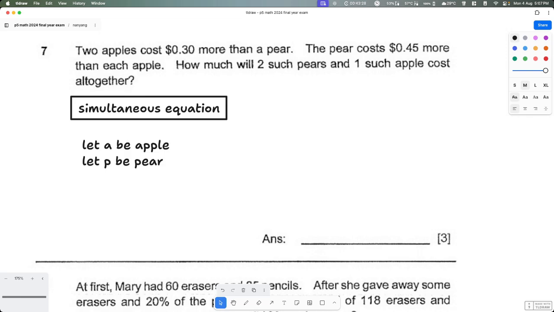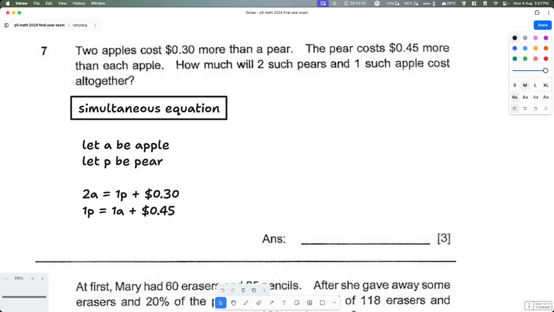So over here, two apples is equal to one pear plus $0.30, and then one pear is equal to one apple plus $0.45.